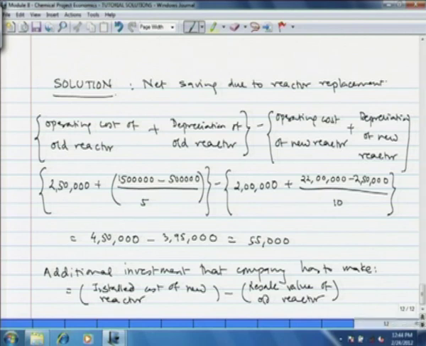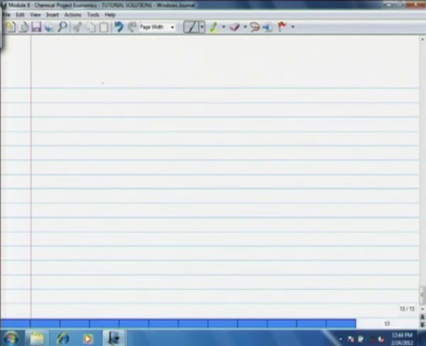And this turns out to be 22 lakh minus 5 lakh, which is equal to 17 lakh. However, the net saving is only 55,000.